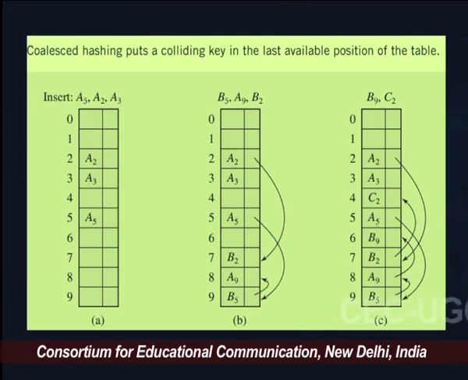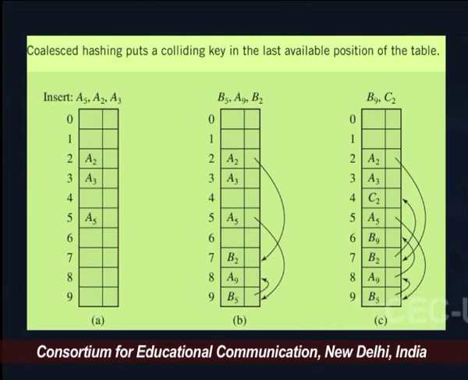Now, let us say there comes B2, and this B2 is going to get the position 7. Then there is A9, which is going to get the position 8, and there is B5.